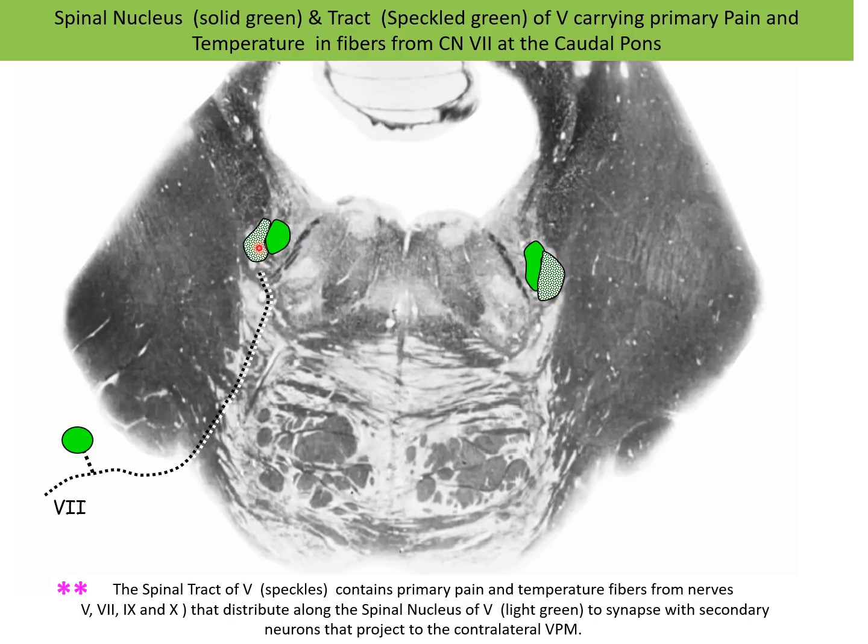We can see here cranial nerve 7, and we see the spinal nucleus in this location. But notice that some of those fibers are going to come up into the same area, carrying pain and temperature to the nucleus and tract of 5 that become part of that tract and nucleus.